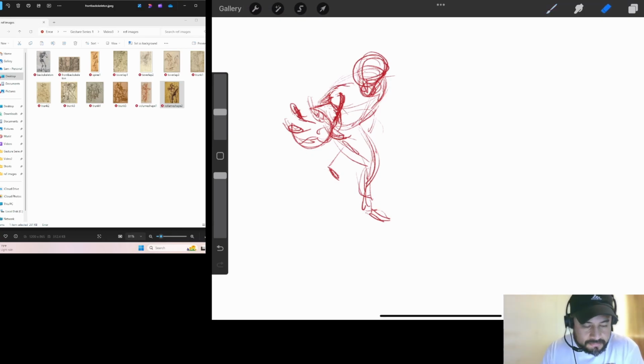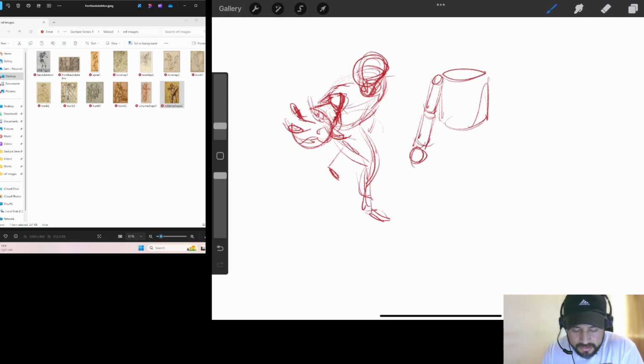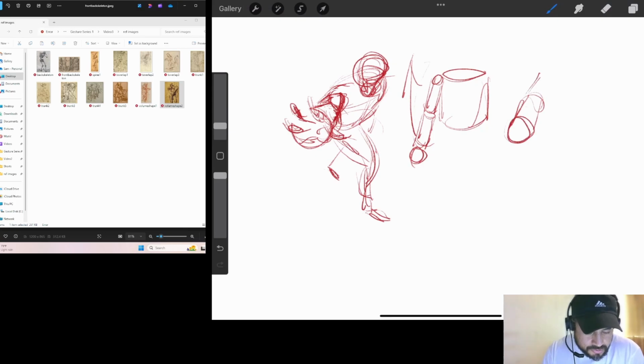So this figure's standing upright, so his tube of the arm there, tube of the lower arm and his hand. If he's raising that arm, then these tubes will appear to come towards us, and they will taper in away from us.